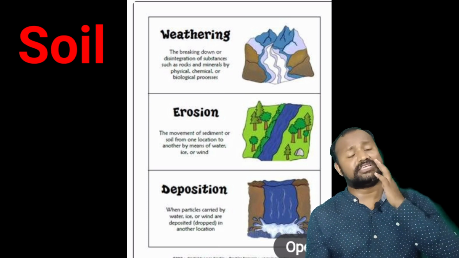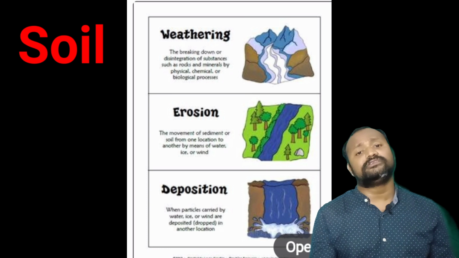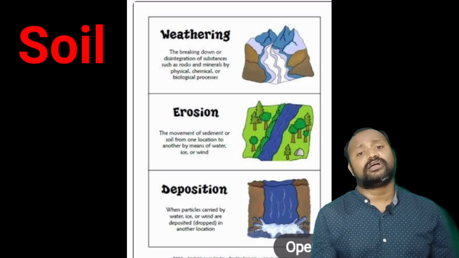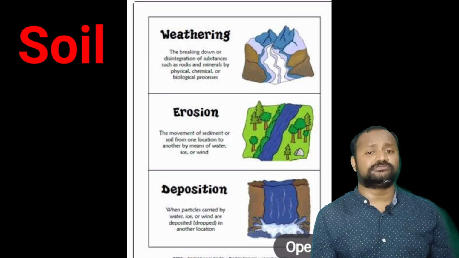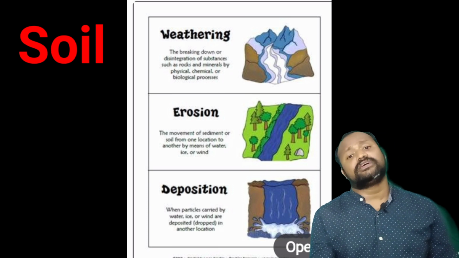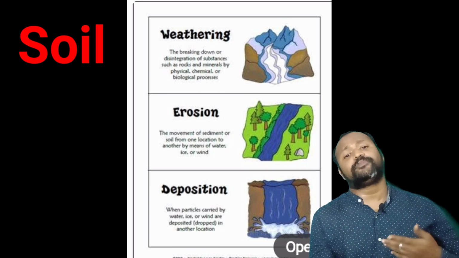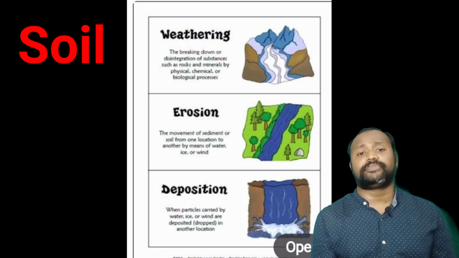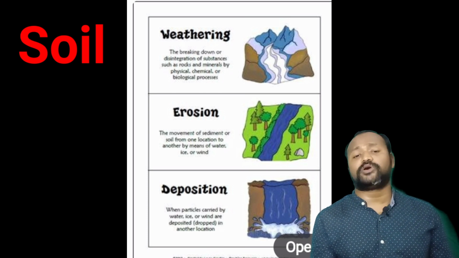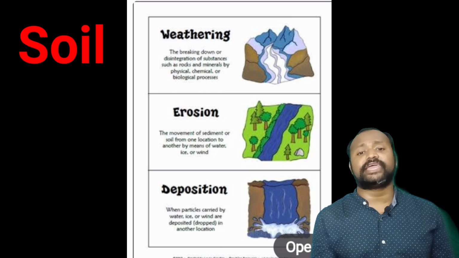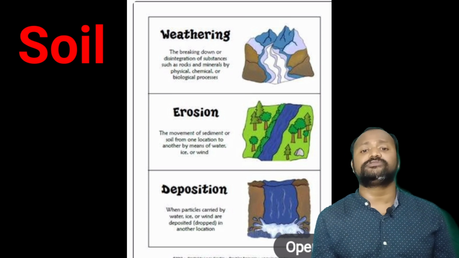Weathering is of three types: chemical weathering, physical weathering and biological weathering. In all these types of weathering, the rock breaks down into small parts again and again and is converted into soil.